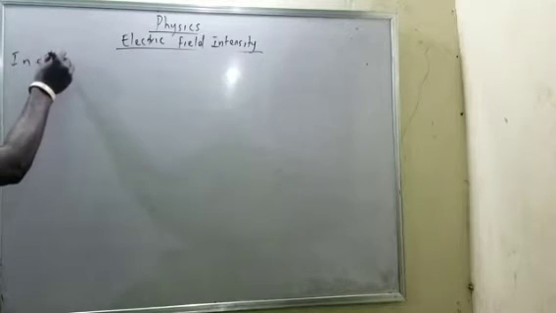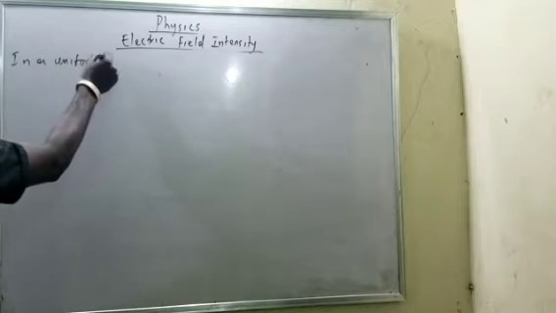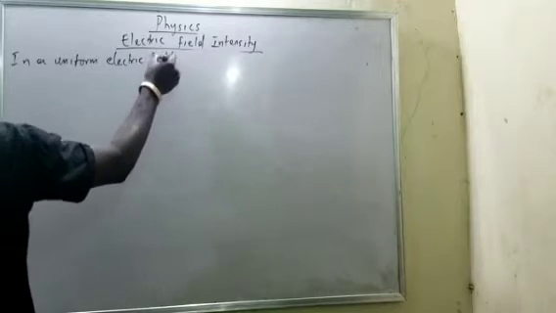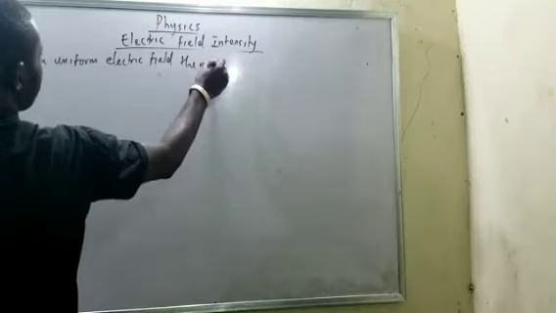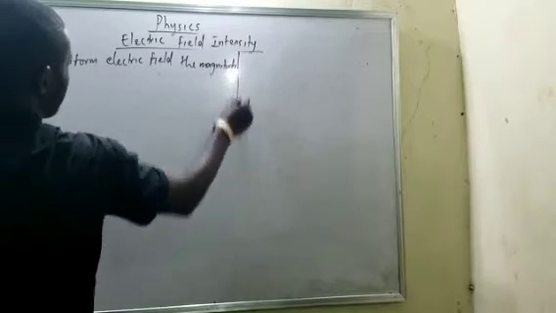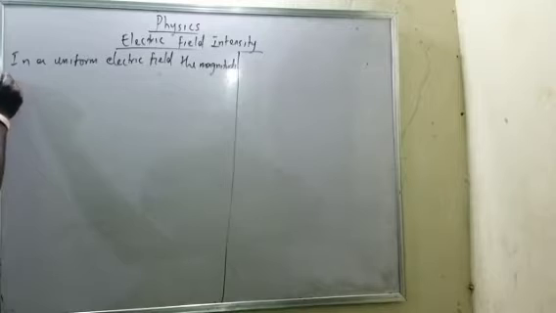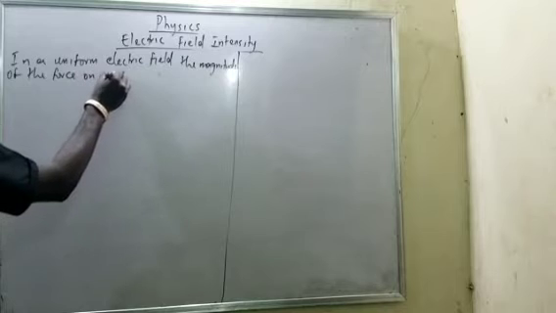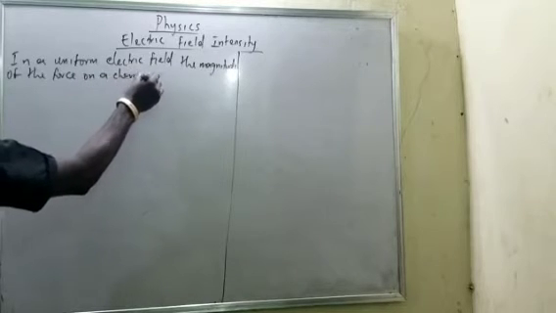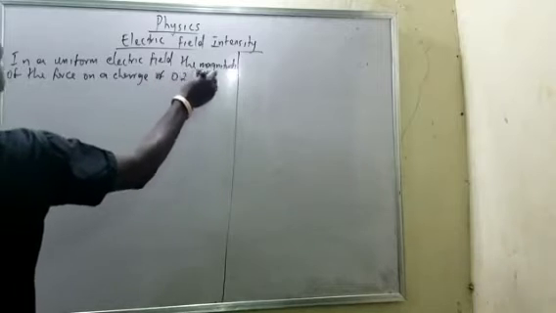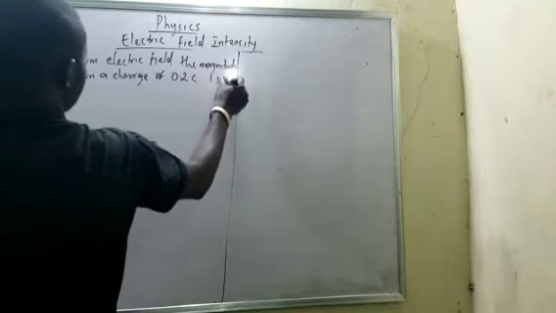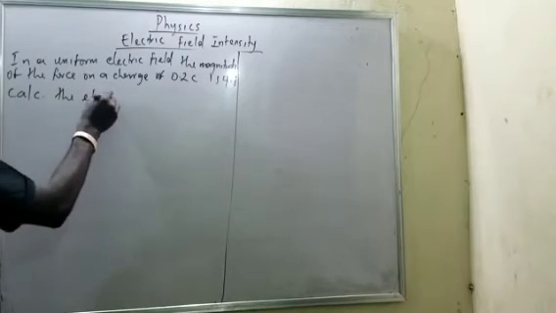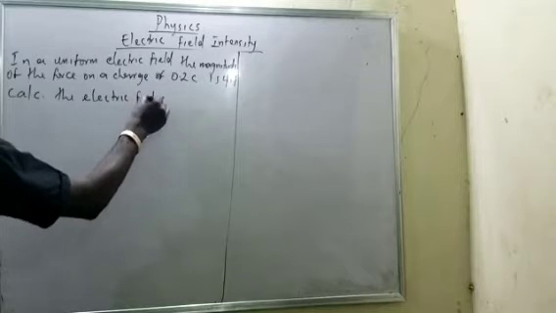In a uniform electric field, the magnitude of the force on a charge of 0.2 coulomb is 4 Newton. Calculate the electric field.